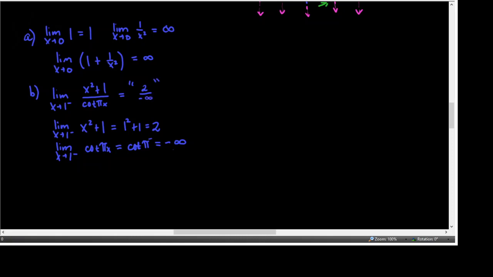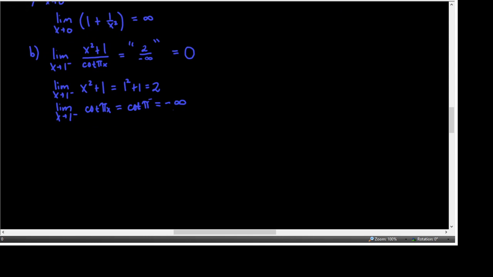If you take 2 and divide it by -1,000,000,000, that's very close to 0. So that'll head towards 0. Sorry I missed that cotangent and called it cosine, that was unfortunate. It gave me a few minutes off to the side that I really shouldn't have spent.